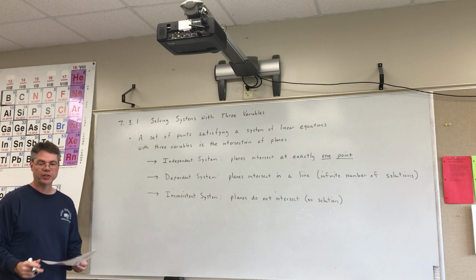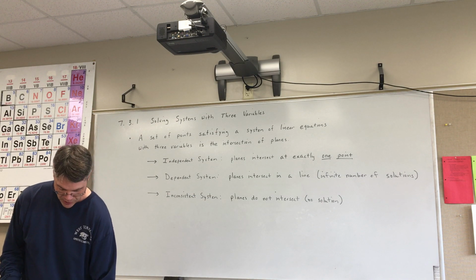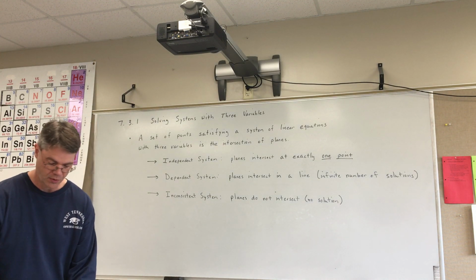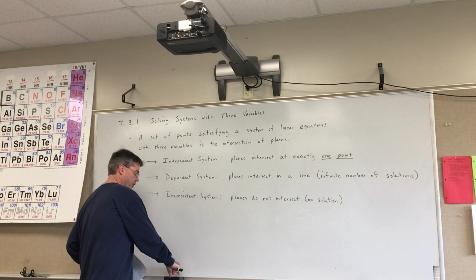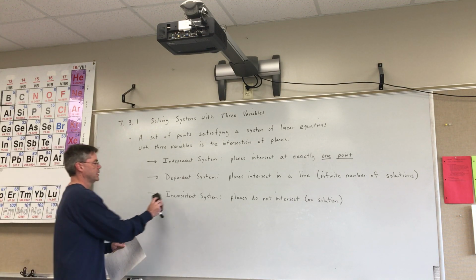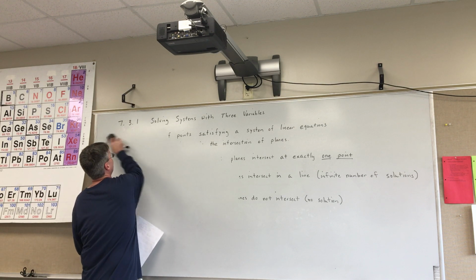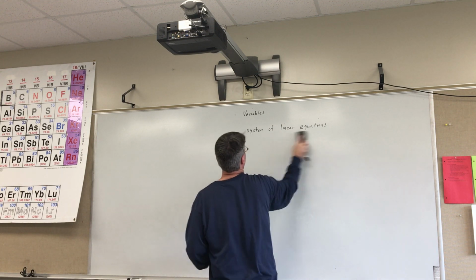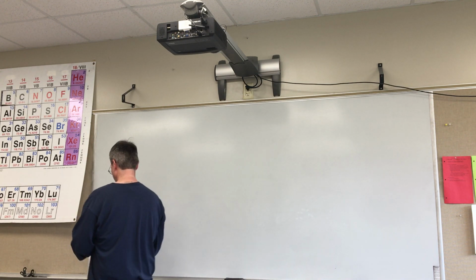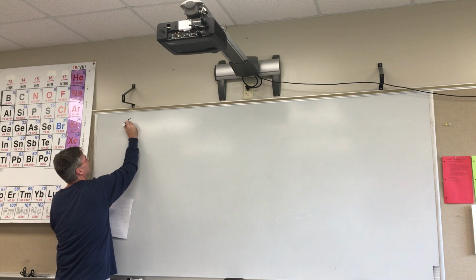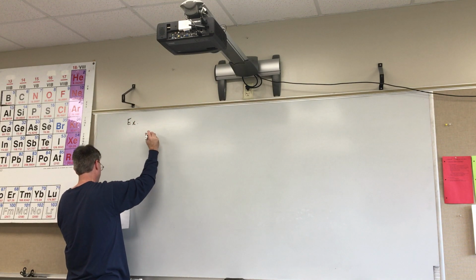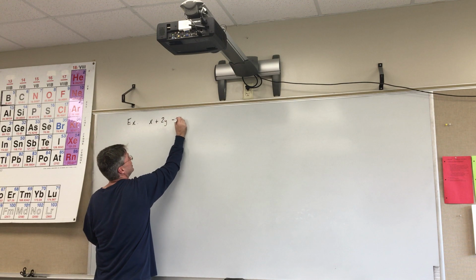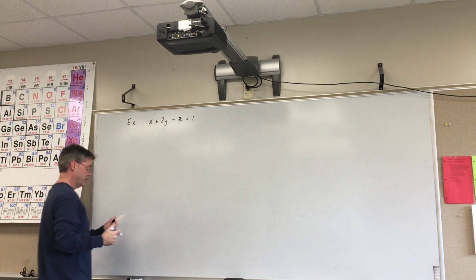All right, so I'm going to work two examples of systems that have three variables. And hopefully you've done some of this before in your Algebra 2 class. All right, first example is, let's say we have x plus 2y minus z is equal to 1.